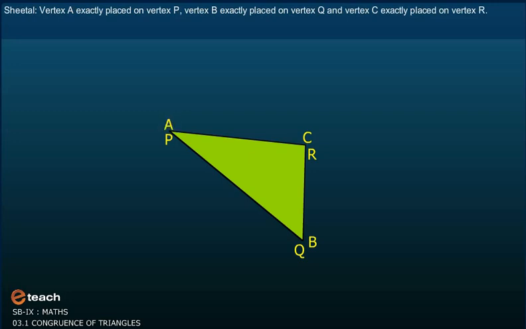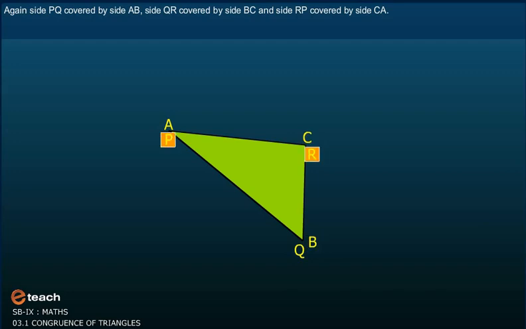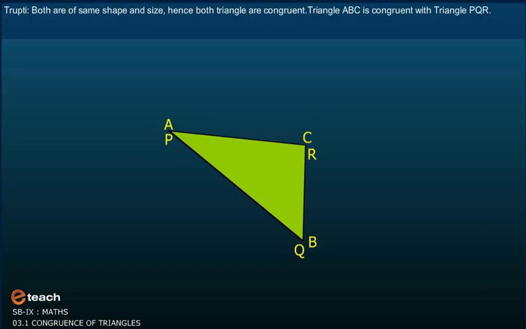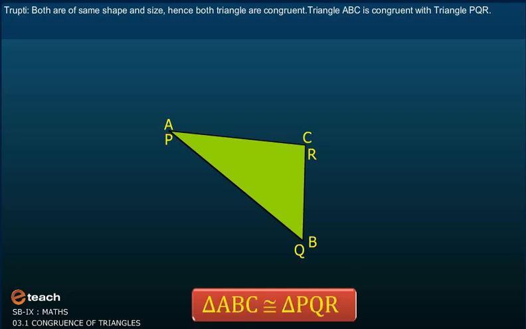Sheetal says, vertex A is exactly placed on vertex P, vertex B exactly on vertex Q, and vertex C exactly on vertex R. Again, side PQ is covered by side AB, side QR by side BC, and side RP by side CA. Tripti says, both are of the same shape and size, hence both triangles are congruent. Triangle ABC is congruent with triangle PQR.